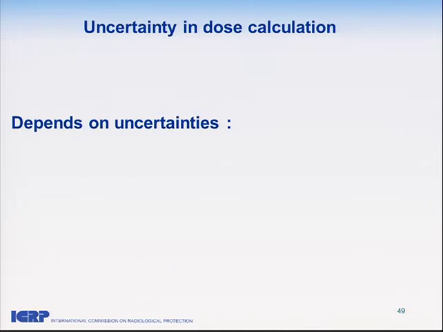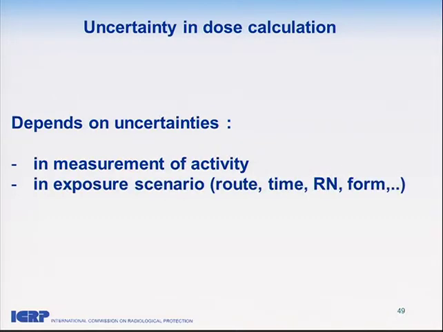So when you calculate dose, you have uncertainty at every step of the dose calculation. You have uncertainty when you measure the activity in the excreta or body. You have uncertainty in the exposure scenario, and this is particularly true when you are talking about retrospective assessment of dose.